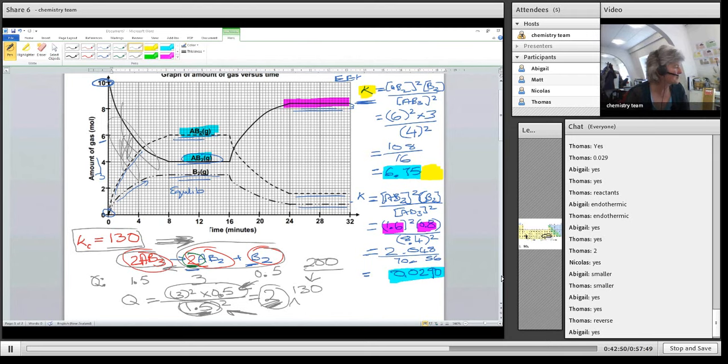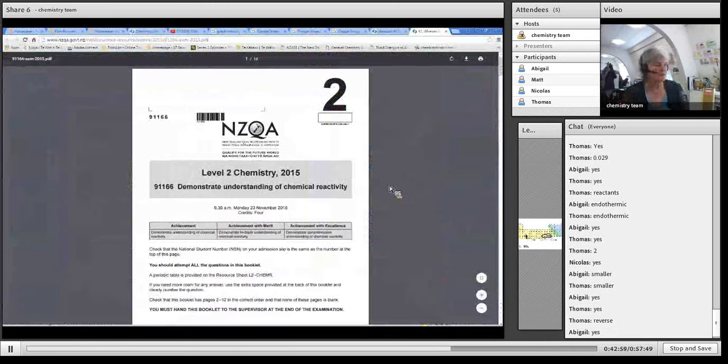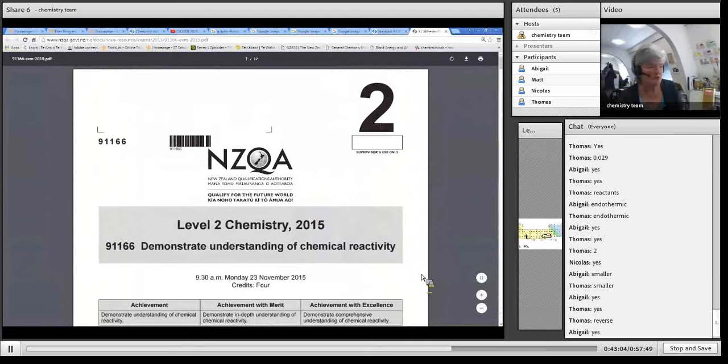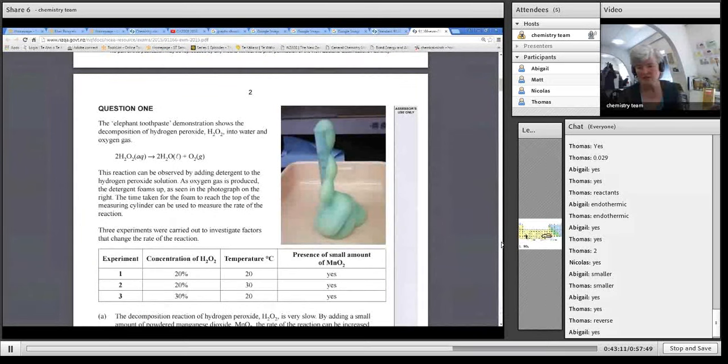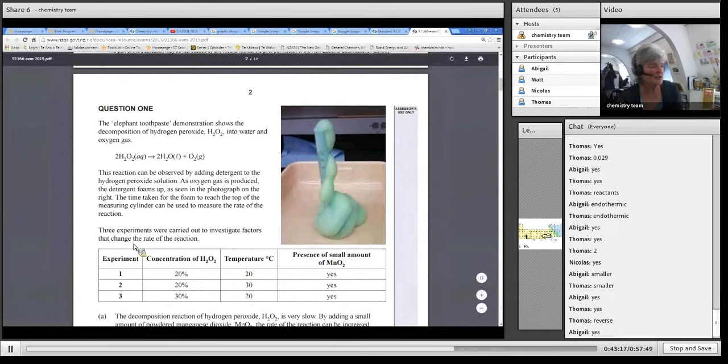And let me just bring this up, so I'll make this a lot bigger. So this is for this 9116 standard, and you'll notice generally the first or second question is always on rates, which is on the 2061 booklet, and you'll see this is on rates because you're changing the temperature and so on and so forth.